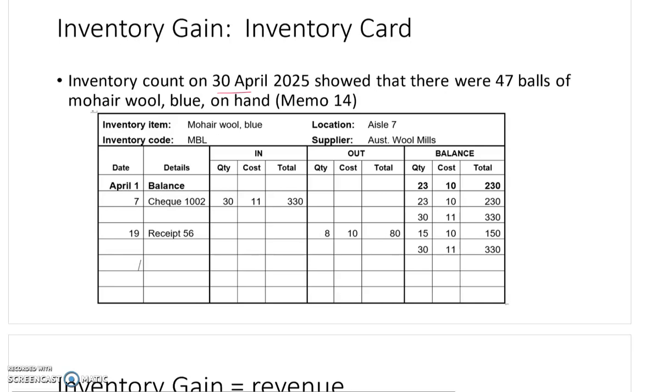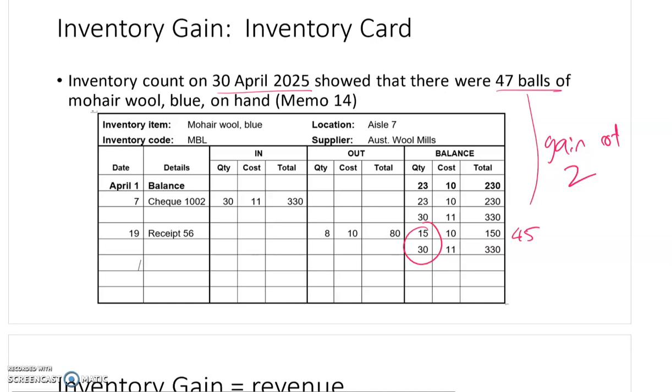On the 30th of April, the end of the reporting period, it showed that we had 47 balls of mohair wool in blue. If we look at the balance on the date of the count, we had 45, but we counted 47, so we have a gain of 2.